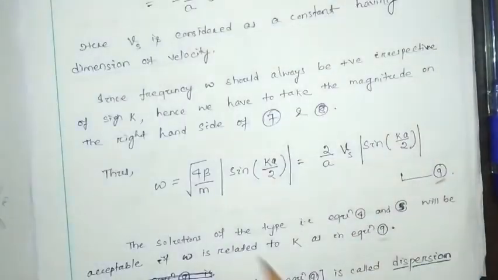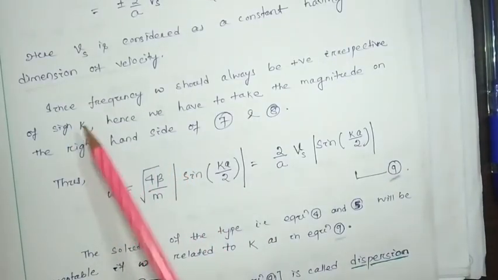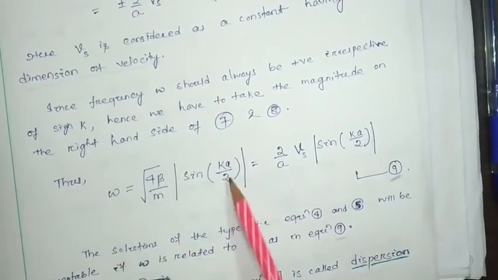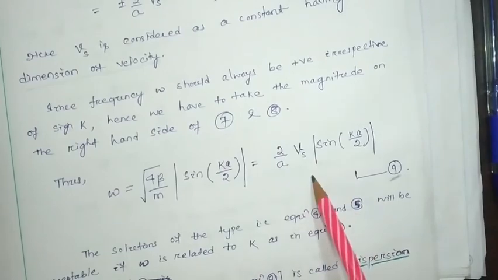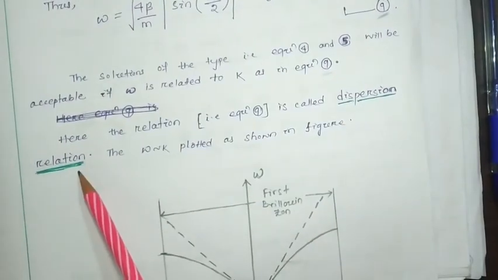That direction is represented by the wave vector k, but k and omega are related by equation number 9, and this equation number 9 will be called the dispersion relation.